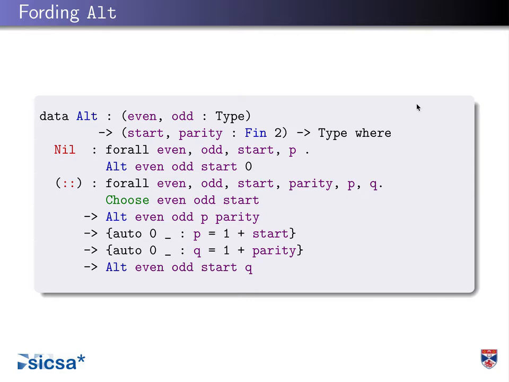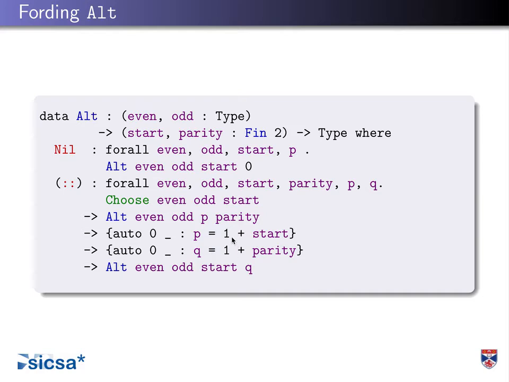So we'll start by fording the alt data type. There's nothing to change in nil. But in the case of cons, anytime we see an index with a slightly more complex expression, we're going to replace that with a bound variable, and then we're going to constrain that variable.